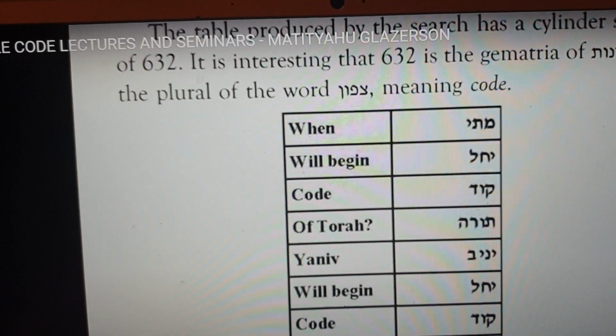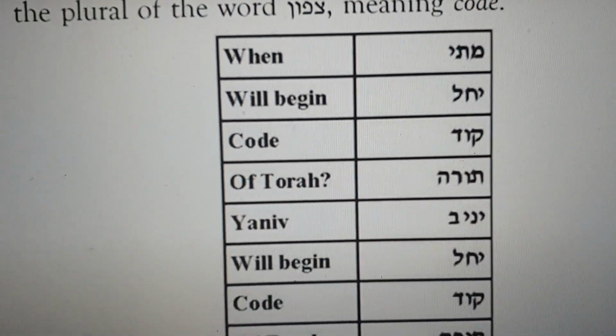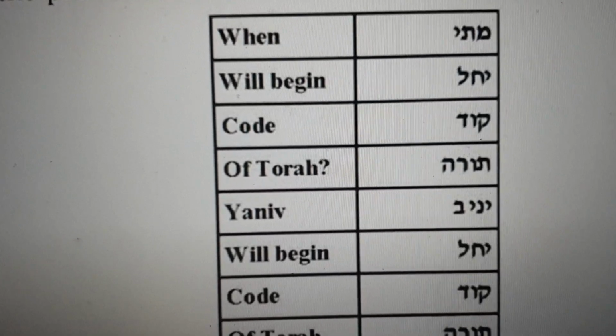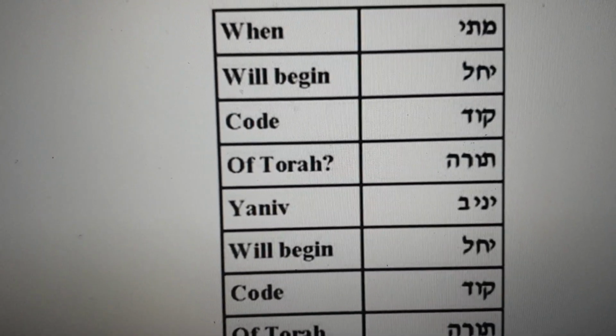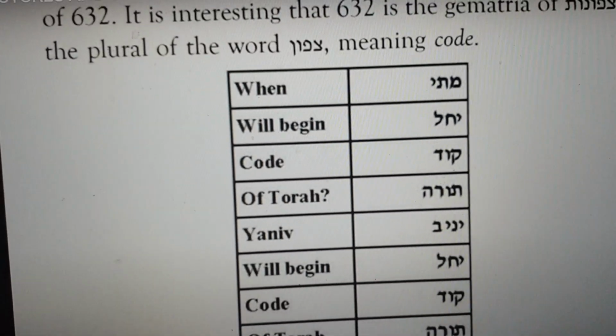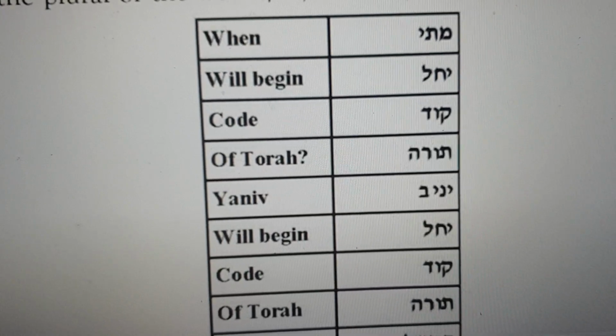So what you are going to see in the table is the following. When we begin code Torah, and Yaniv was a person who advertised it, from whom Professor Rips and Doron Witzen heard about it.